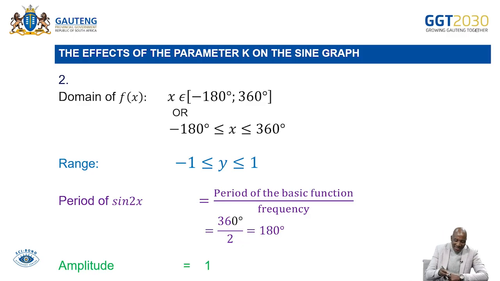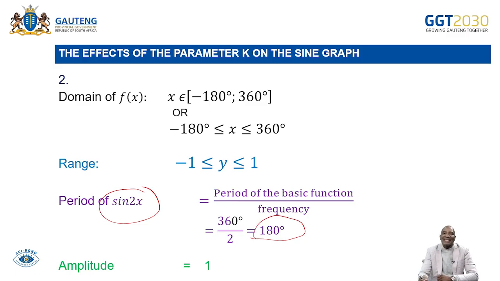Then I'm now worried about the period of this new graph, which is my sine 2x. Going back to what we said earlier on, here we have a period of 360 for a standard sine when it's a 1, not a 2. Now that I'm splitting that period into 2, it means each wave will have a period of 180 degrees.